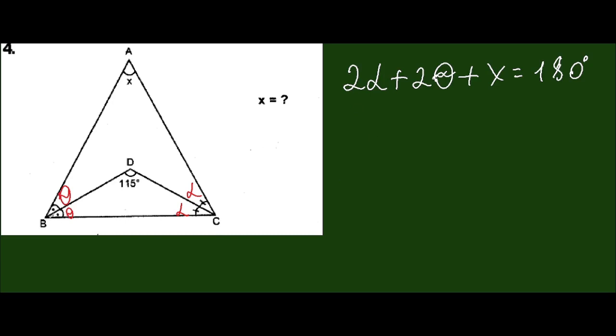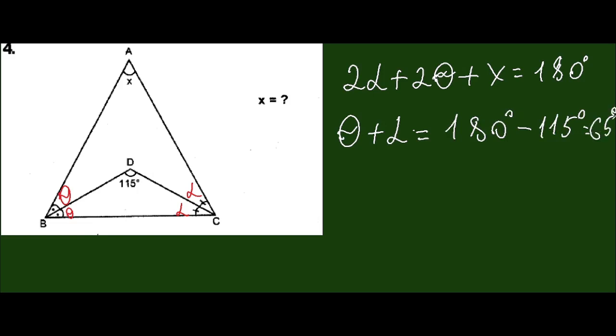From the triangle BDC, we can find out theta plus alpha, and it will equal 180 minus 115 degrees, and it will equal 65 degrees. So 2 times alpha plus theta plus x is equal to 180 degrees. So from here we can measure 2 times alpha plus theta from this one, and it will be 130 degrees plus x will be equal to 180 degrees.